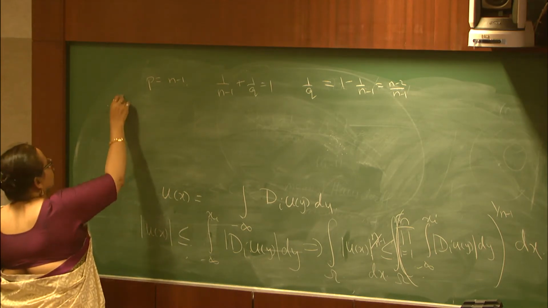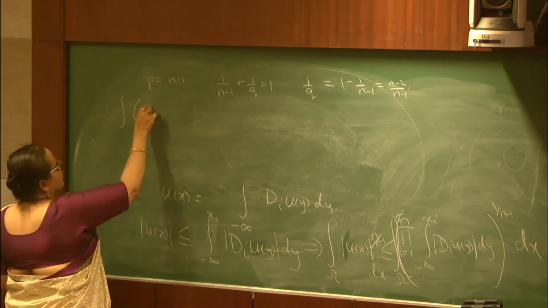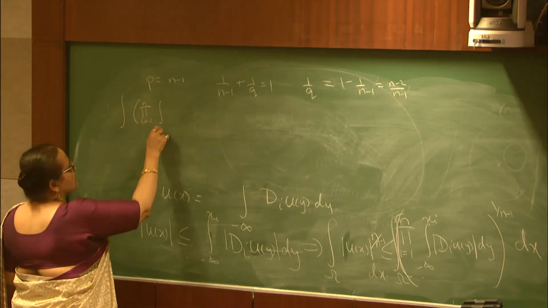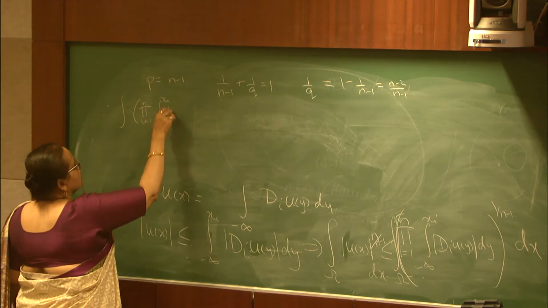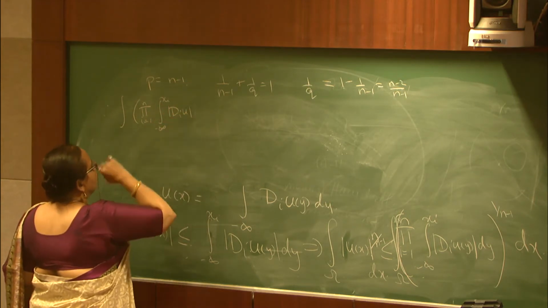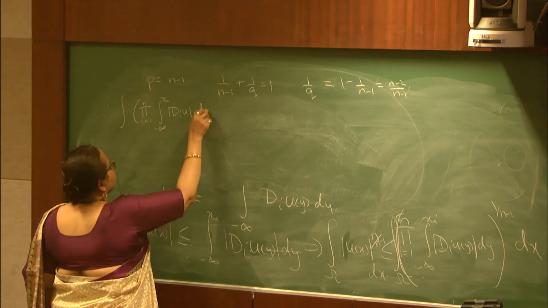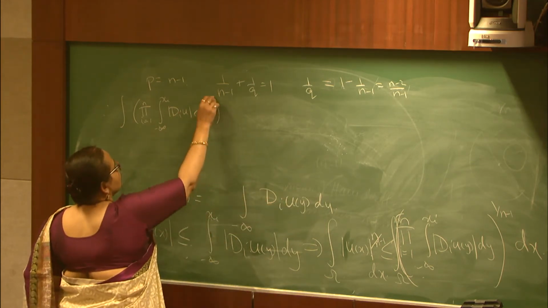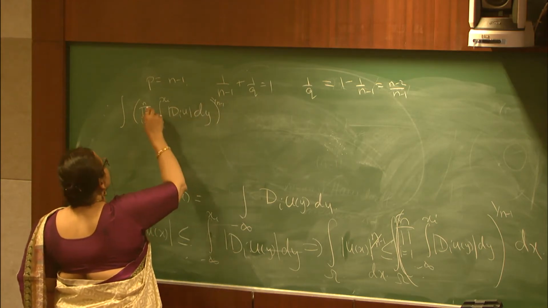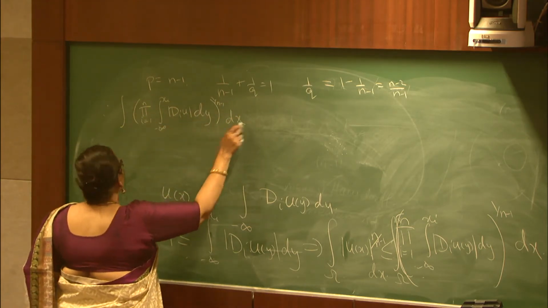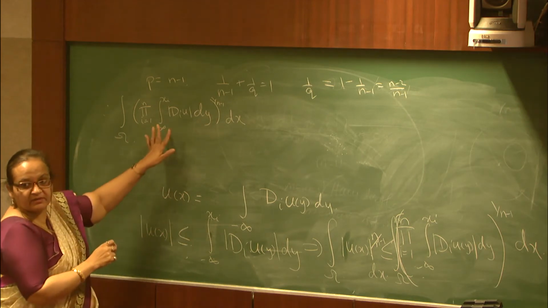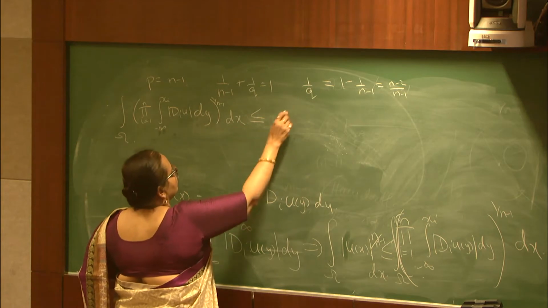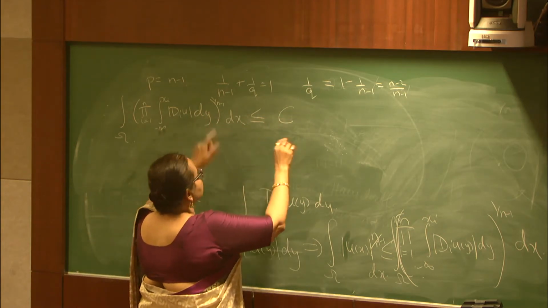Therefore, integral of product i goes from 1 to n, integral from minus infinity to xi mod di u dy. This product raised to 1 upon n minus 1 dx. Right? This is my term. So this is less than equal to c times. So here this goes away.